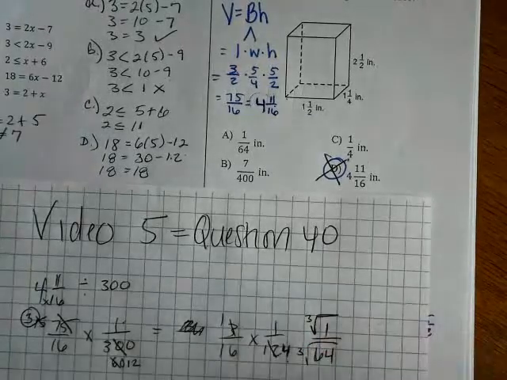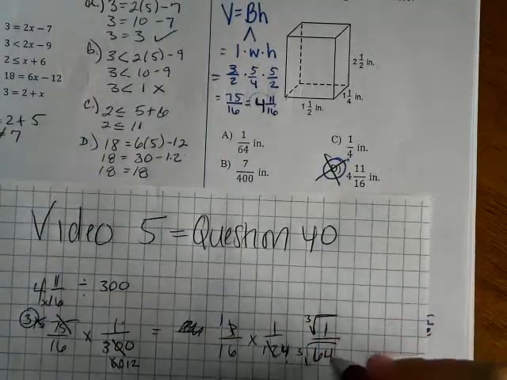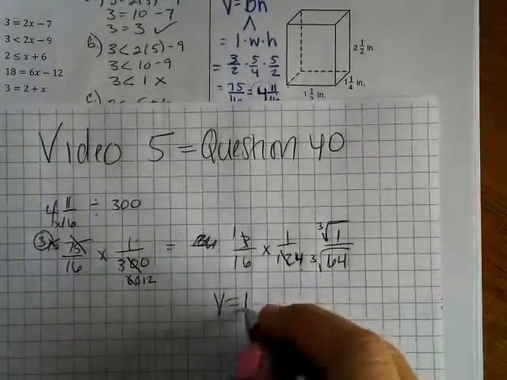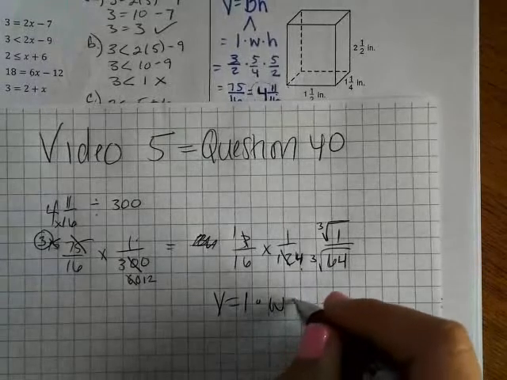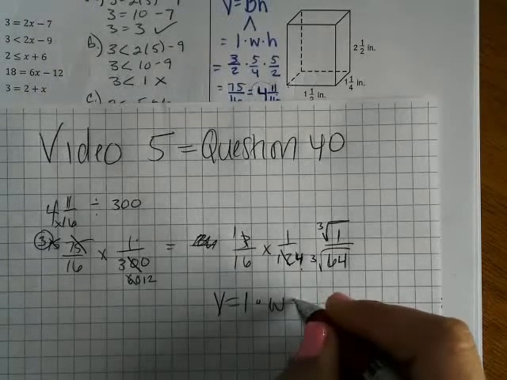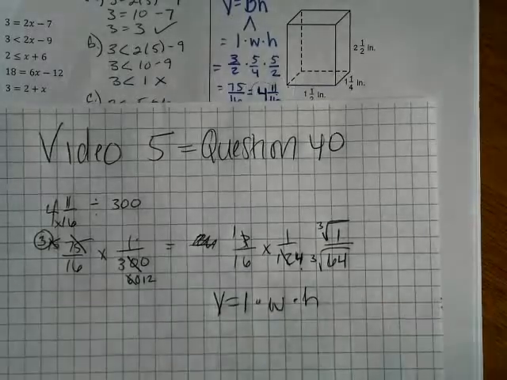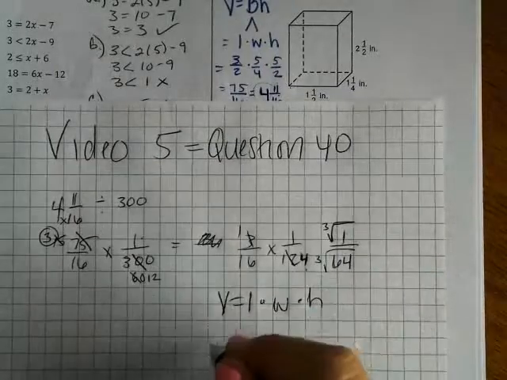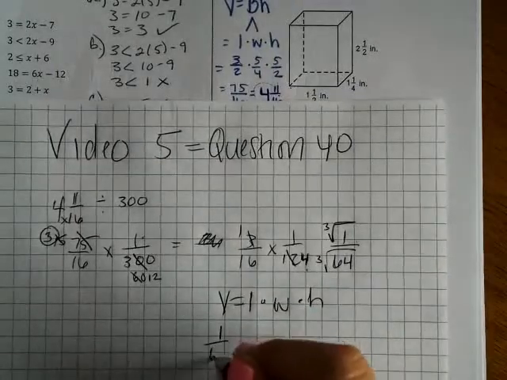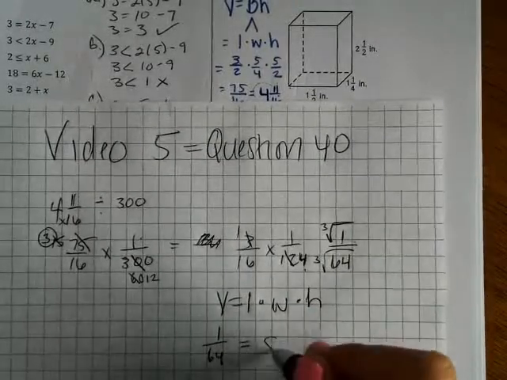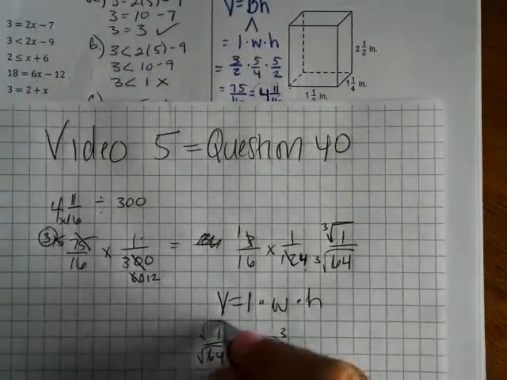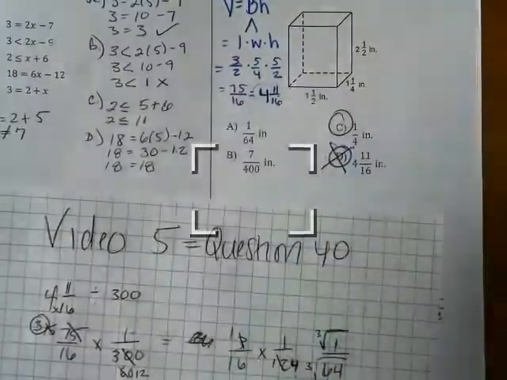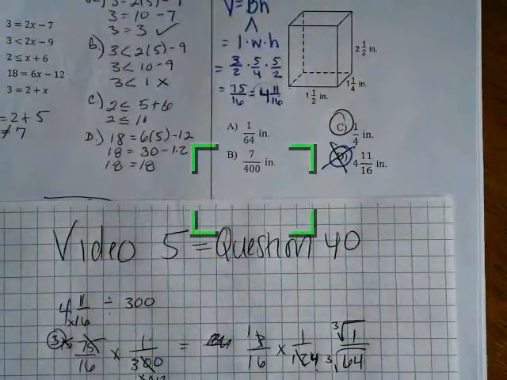What times what times what is going to give me 1 over 64, because remember, volume is length times width times height. And a cube, all of these are the same measures. So either way, if the volume of a cube is 1 over 64 equals a side cubed, you want to find the cube root of each, making it 1 over 4. The length of each cube is 1/4.